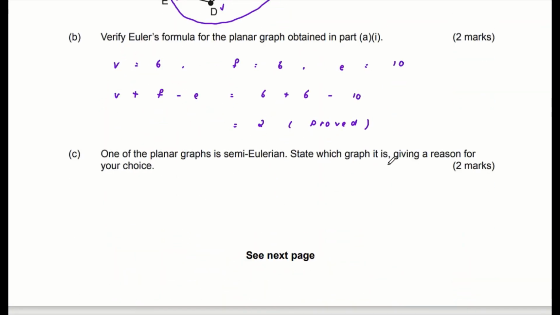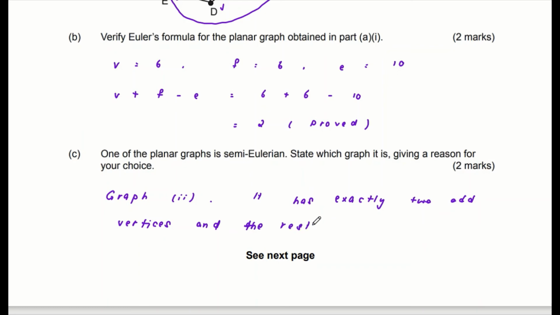So this is not semi-Eulerian. So the answer here will only be graph 2. Okay, so graph 2 is semi-Eulerian. So the answer here is that the graph has exactly 2 odd vertices, and the rest are even.